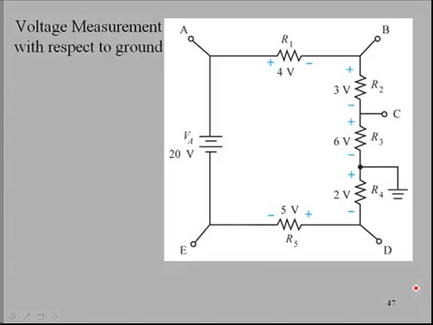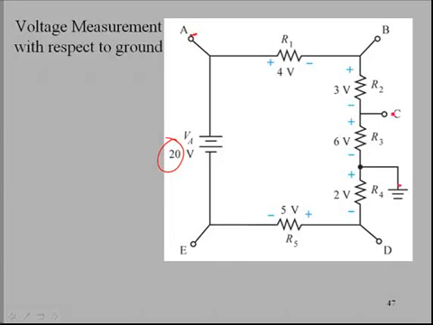Now, what this will impact is if we're measuring our voltages with respect to ground, we will see some different values. Now here we have 20 volts applied, and if I measured from point A to ground, I'm not going to measure 20 volts. I'm going to measure about 13 volts from here to our point of ground.